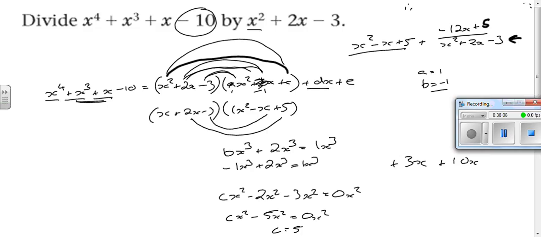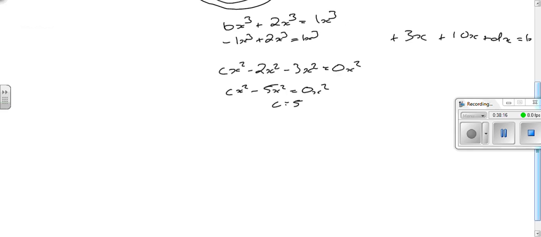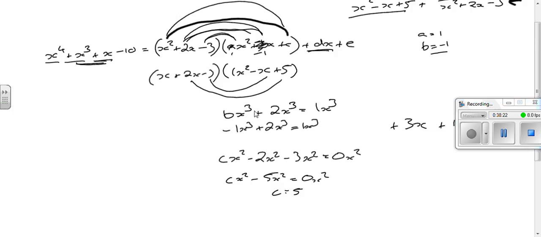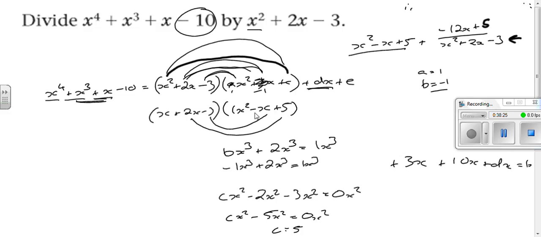And plus our dx on the outside, and we know that has to equal plus 1x. So it's going to be 13x plus dx equals 1x. So therefore d must equal minus 12, which again is what it does over here.